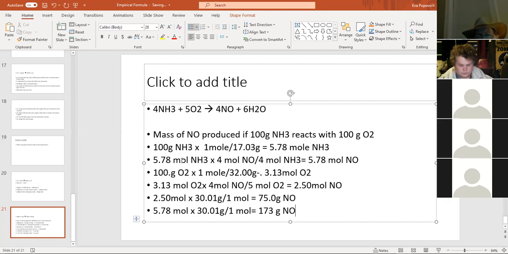So do you see that I'm just multiplying both of these numbers by the same molecular weight of my product over 1 mole? Are you seeing that? I'm just trying to save you a step, that's all.